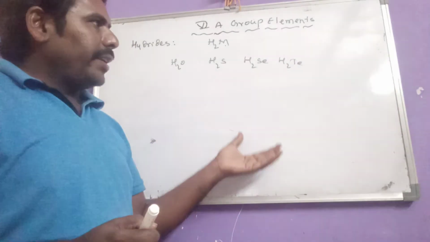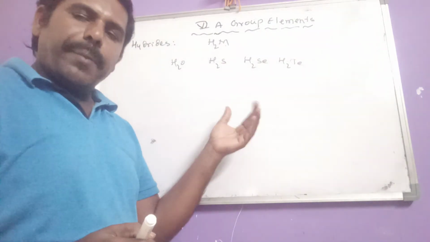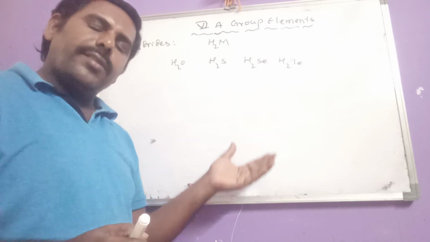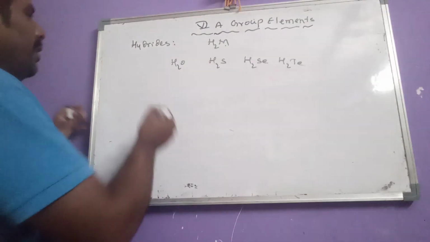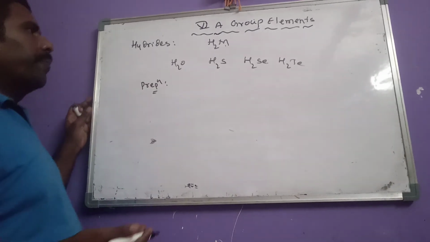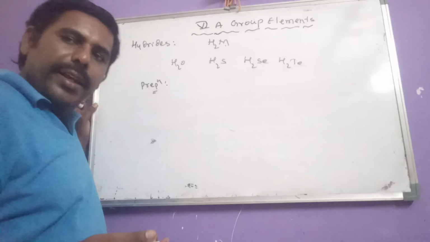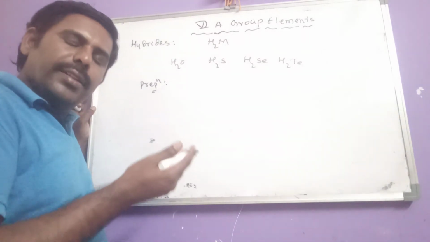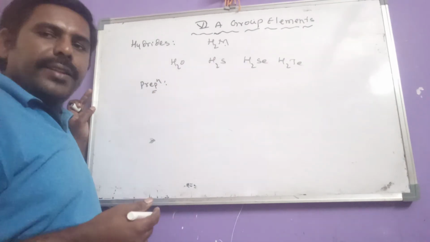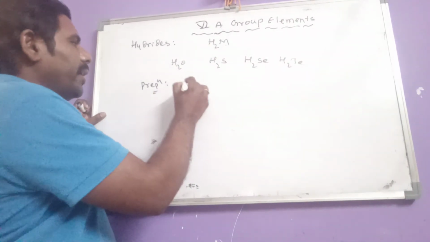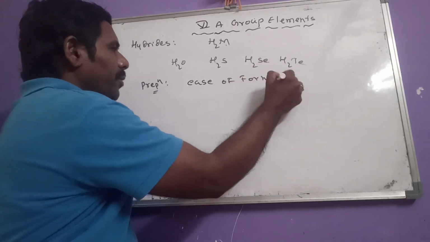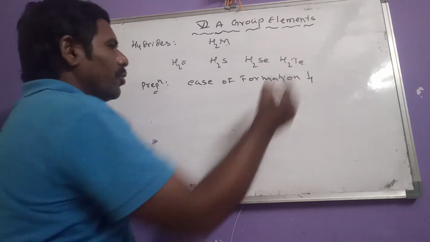Now let us see the preparation, ease of formation, and properties of these hydrides. Preparation is very simple: by the direct combination of hydrogen and 6th A group elements, one can prepare 6th A group hydrides. But ease of formation decreases from H2O to H2Te.